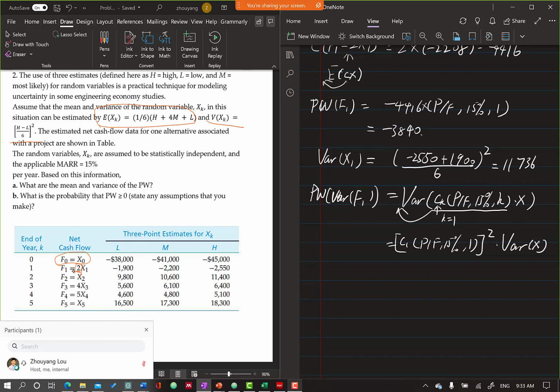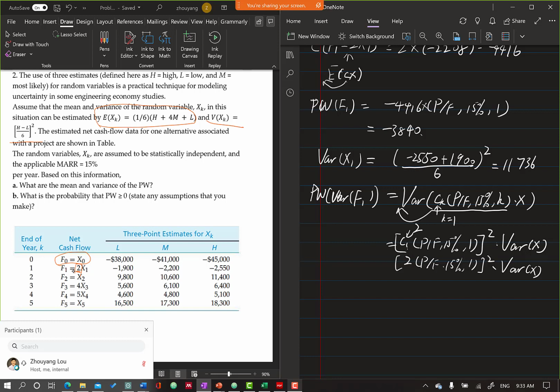The c1 here is just 2, so that's just 2 times p given f 15% 1 year, squared, times the variance of x.